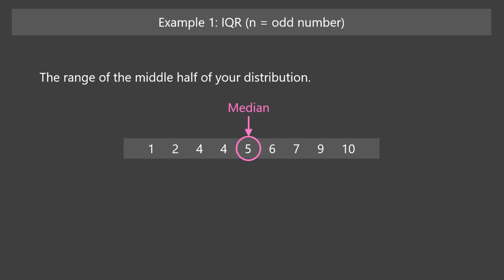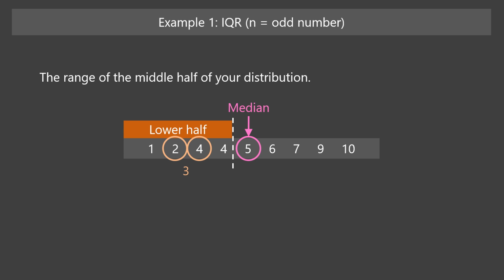When the total number of observations is an odd number, the lower half is those to the left of the median, and the upper half is those to the right of the median. Since the number of observations is an odd number, there is an exact center, so it is 5. So, the lower half is observations, the value of which is lower than 5.